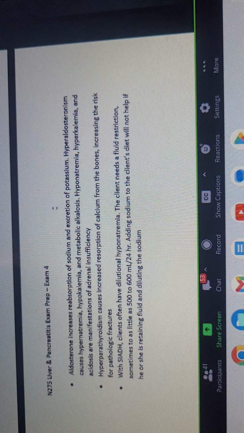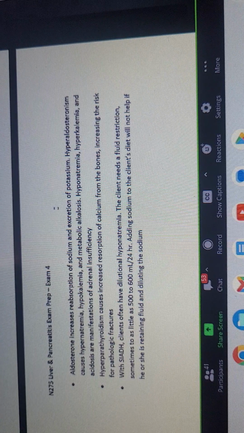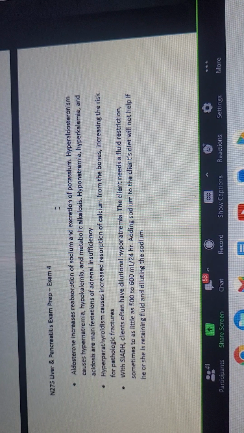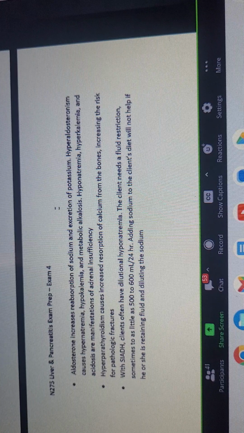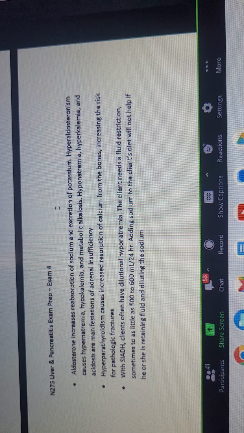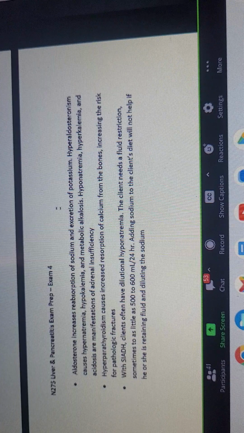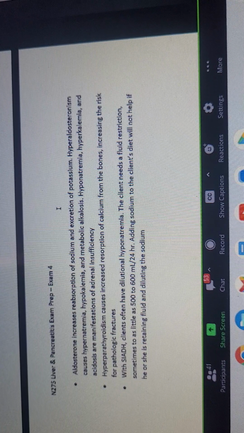In hyperparathyroidism, too much going on in the parathyroid causes increased reabsorption of calcium from the bones. So it increases the chances for you to have pathologic fractures.